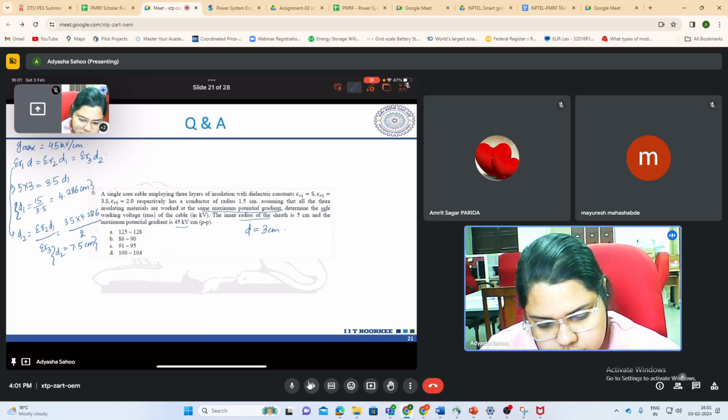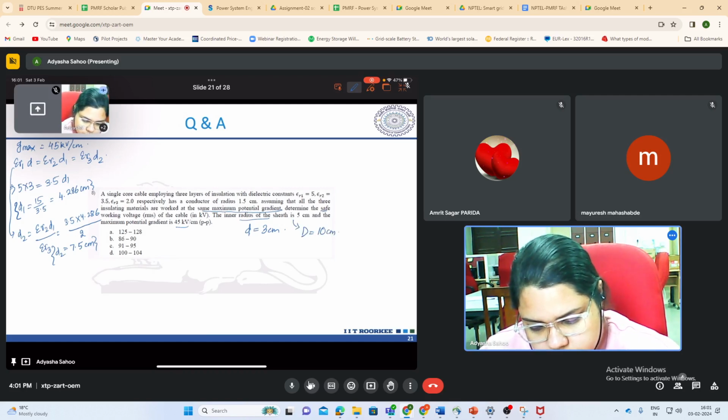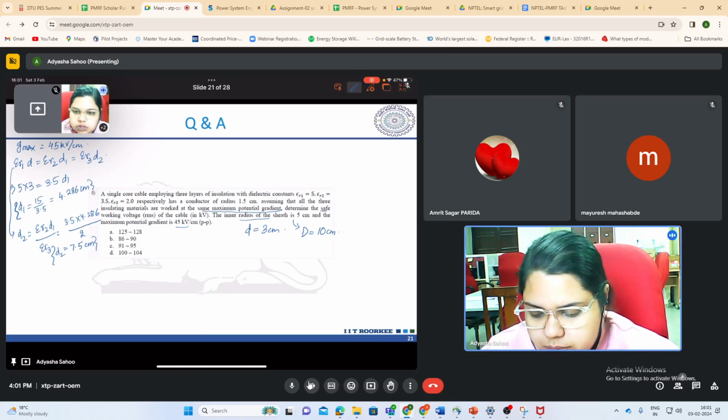And the sheath radius is given 5 cm, so diameter is 10 cm. So for the safe working voltage means again maximum.